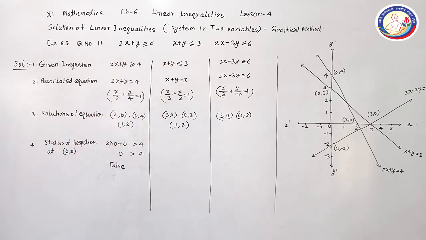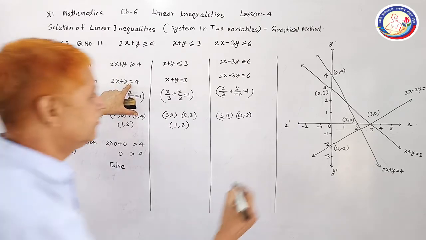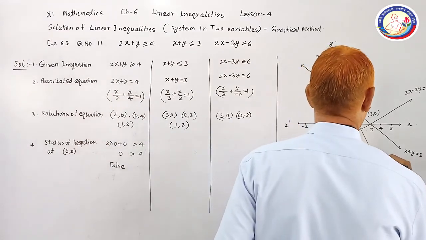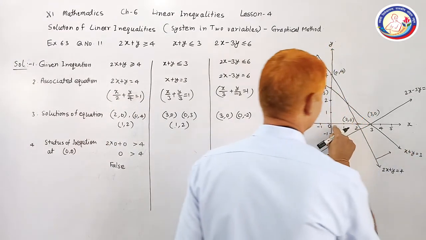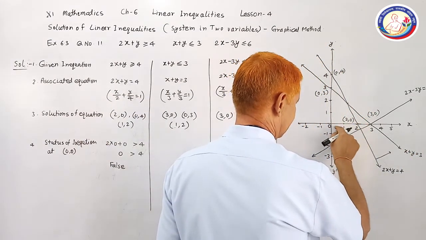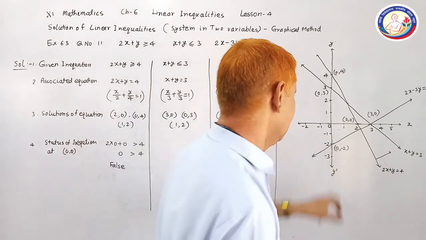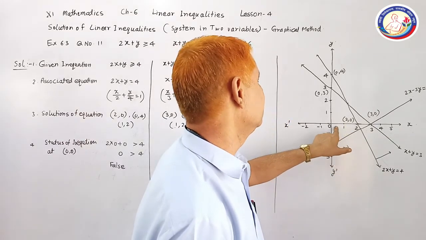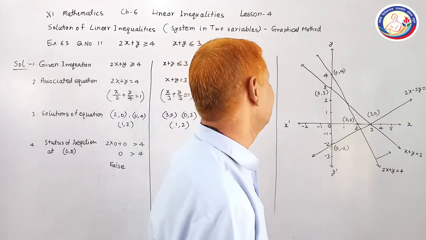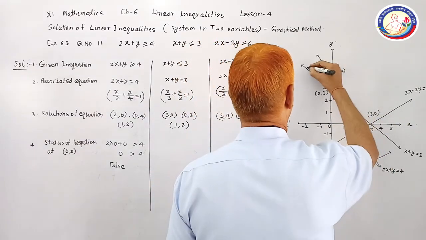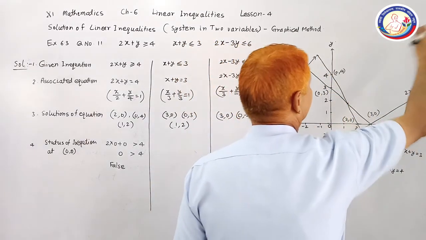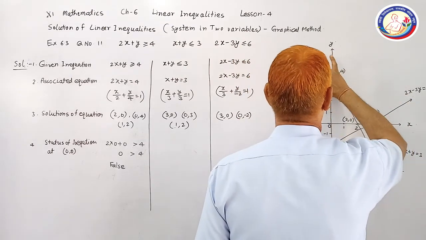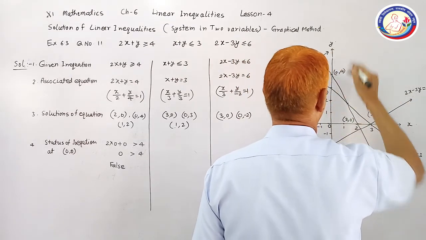This is our line, and the solution will be the part opposite to it, because 0, 0 is here, so the origin will not lie in the solution region. The other half plane, the upper part, will be the solution.